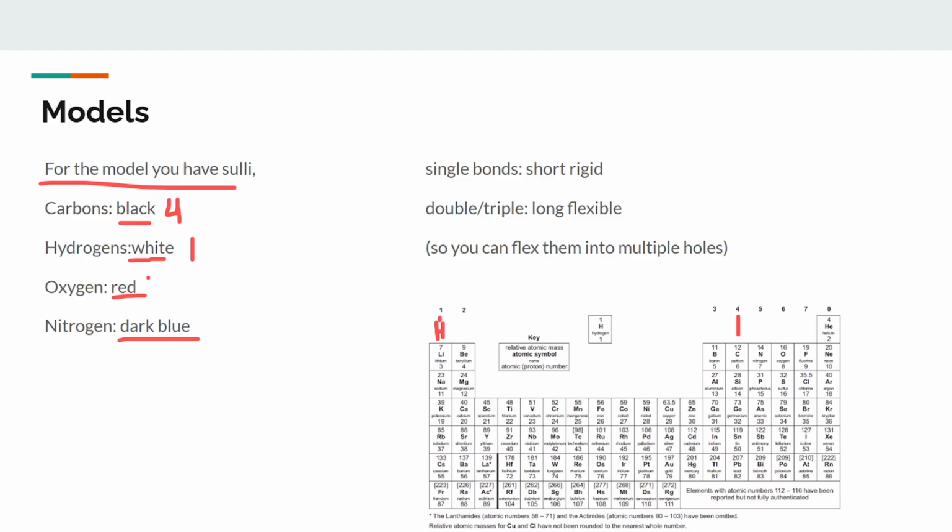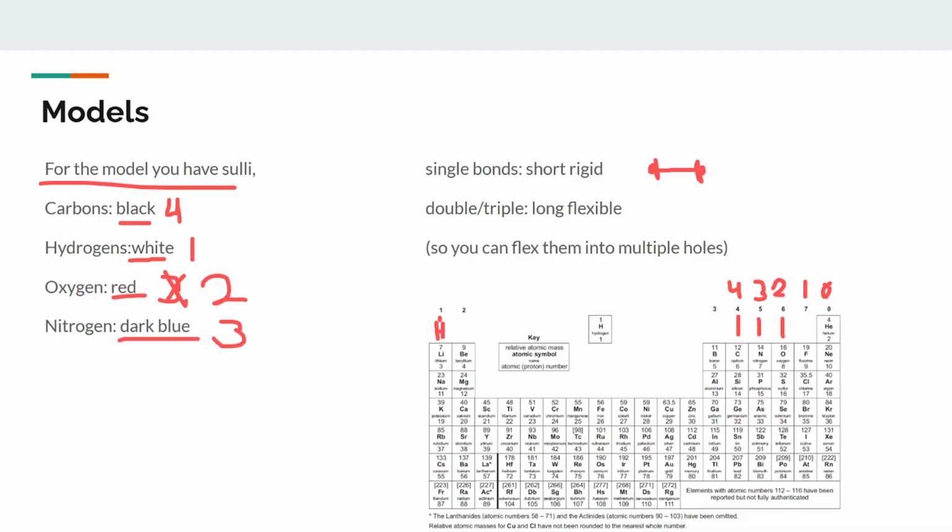Oxygen will have 3 holes because if we look at our number of bonds, from here it goes down 3. Oh, sorry, it won't have 3, it will have 2 holes. My apologies. 2, 1, and then 0. So our oxygen will be able to make 2 bonds, and nitrogen will be able to make 3 bonds. And the single bonds are kind of like this.